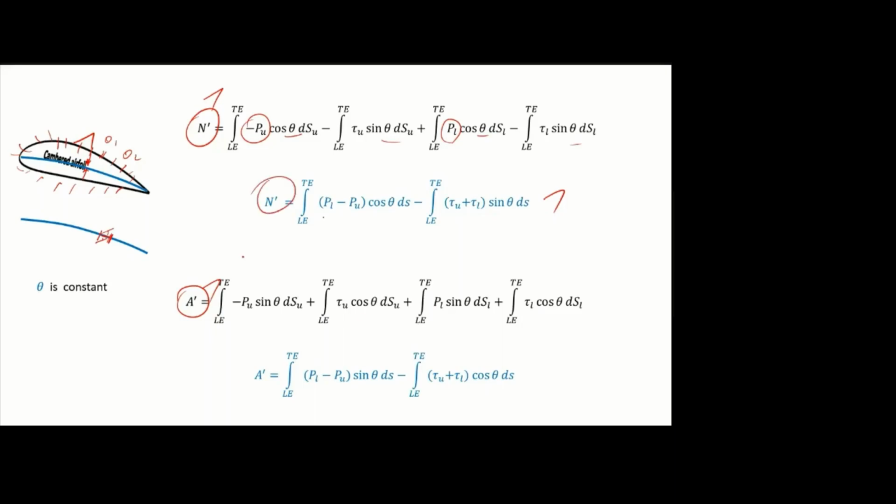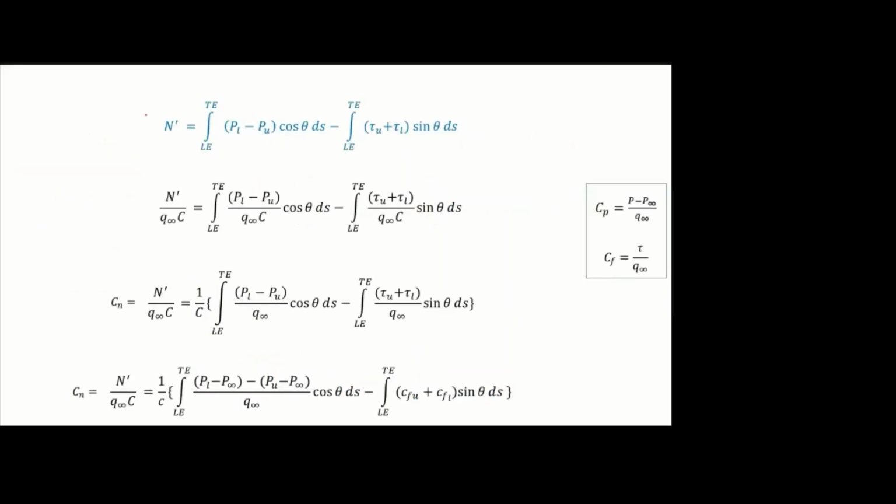So we are simplifying N dash and A dash for the thin aerofoil. Is that clear? Yes, sir. So the first, black color equation is for thick aerofoils. Anywhere you take, you have different theta, but here if you take one line along the chord line, above and below it is the same theta only. Now this is our final N dash and A dash equation for thin aerofoil.